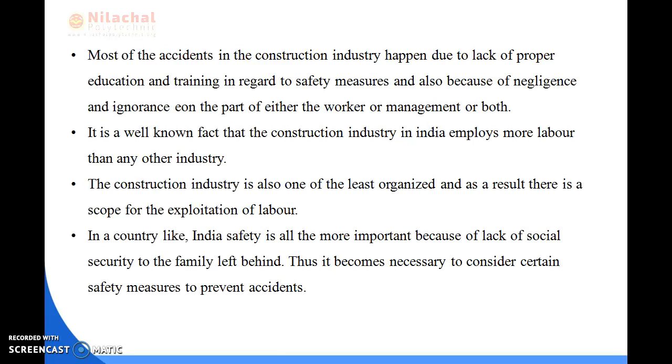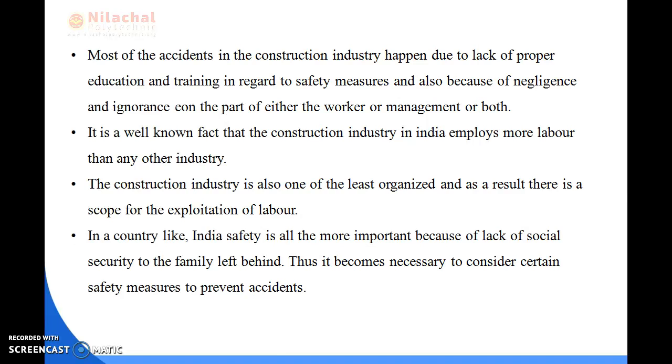So all of us know the importance of safety on construction sites. Many accidents have occurred, and are occurring, on construction sites or in the construction industry due to lack of training, proper education or safety measures. So we can know that in India safety is more important than anything else.